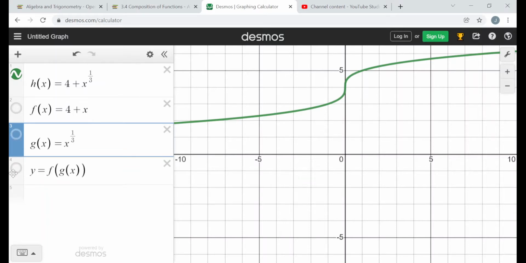And then let me put the graph of y equals f composed with g up, and look at how, again, it's right on top of the green. It's the same exact graph. So those two functions, the f and g that I have, are good components of function h, where we break it up into components that compose to make h. Looks good.